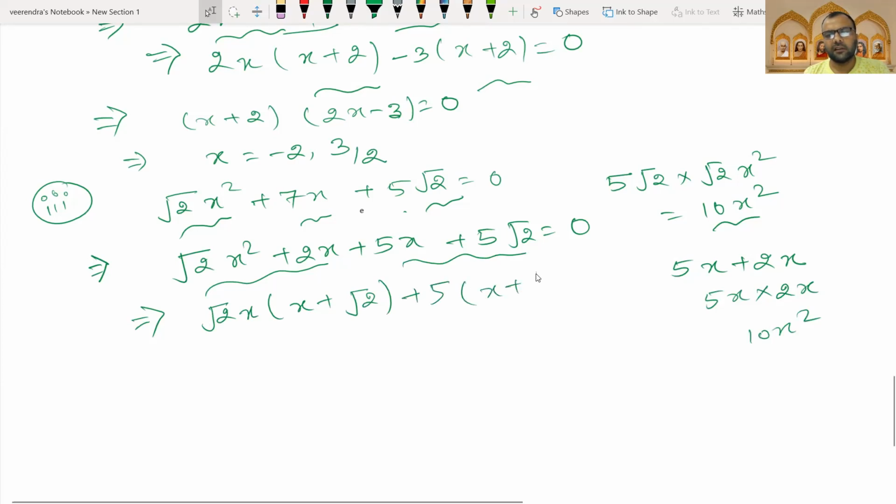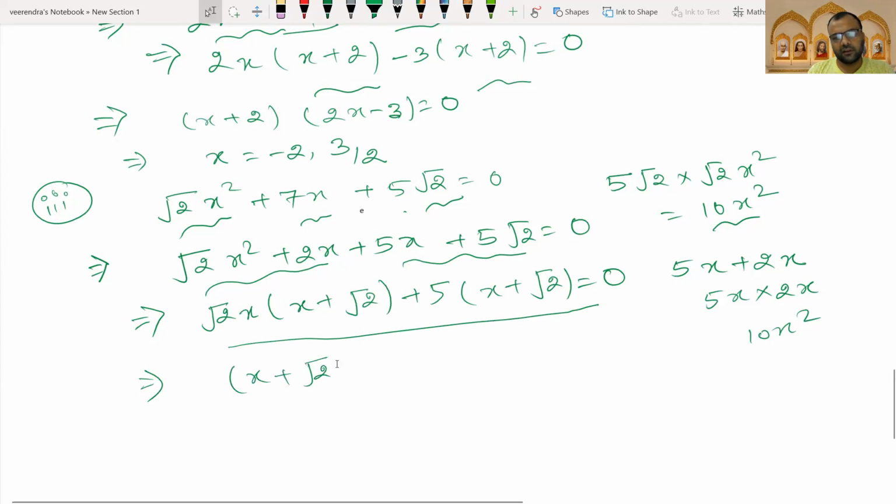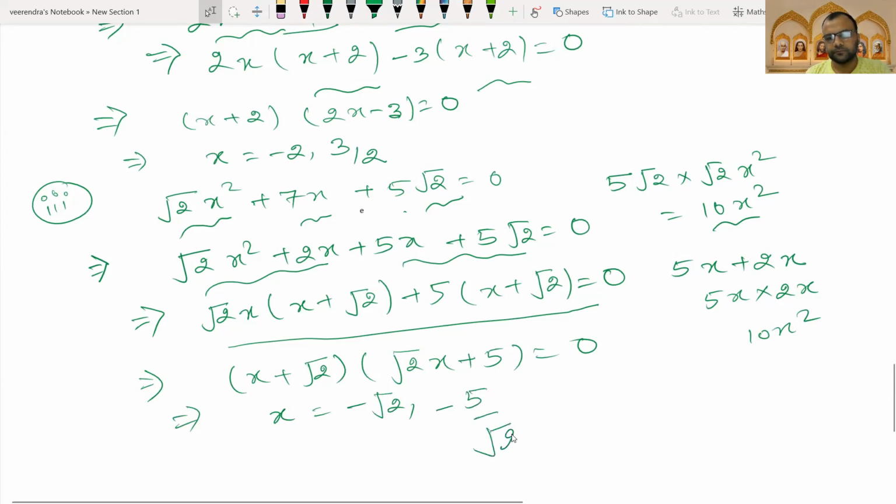So it will become 5 into (x plus root 2) equals 0. Now, from the whole expression, we can see x plus root 2 is common. So it will become (x plus root 2)(root 2 x plus 5) equals 0. From here, the value of x is minus root 2, minus 5 by root 2.